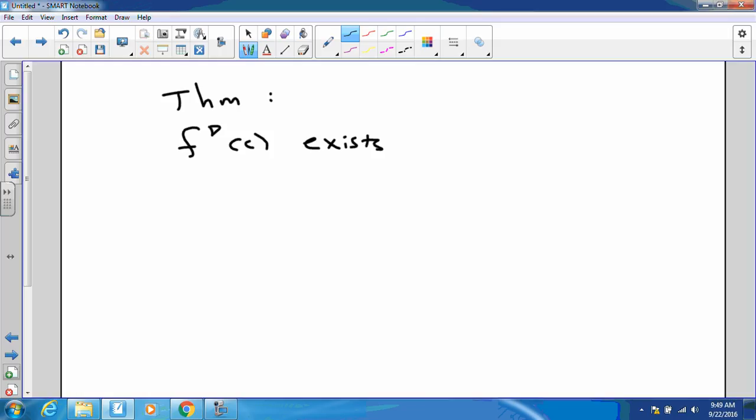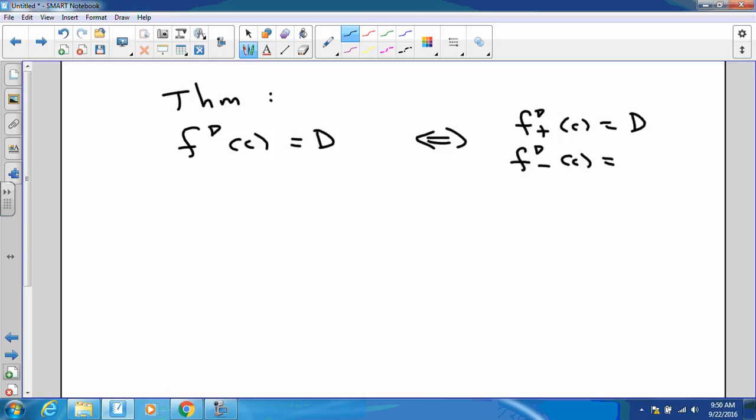And that is that the derivative f prime of c will exist if and only if, let's say, it equals d. If and only if f prime from the right is equal to d, and f prime from the left is equal to d. In other words, a function can have a derivative if and only if its derivatives from both sides agree.